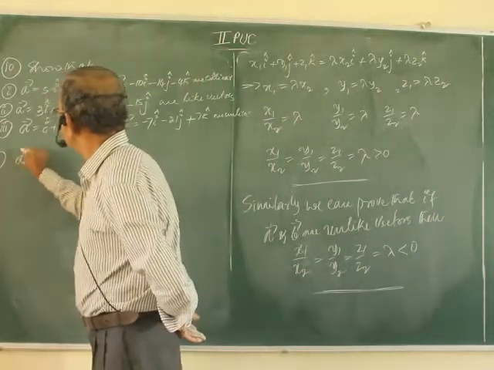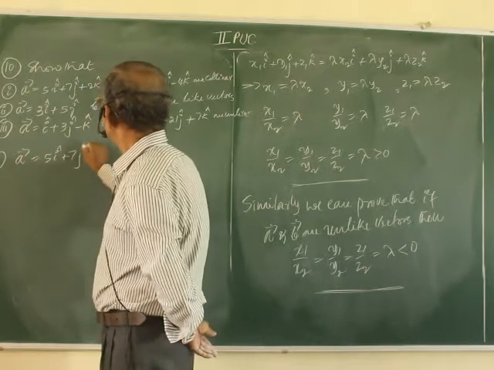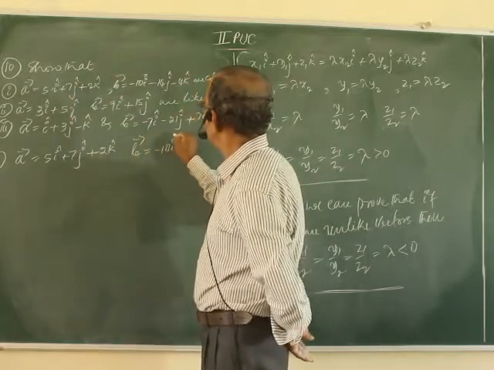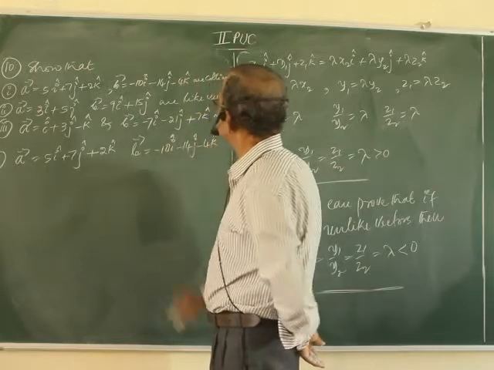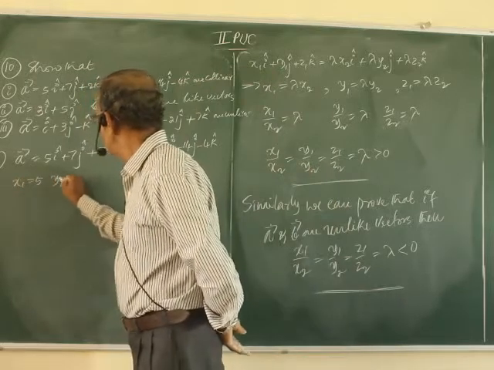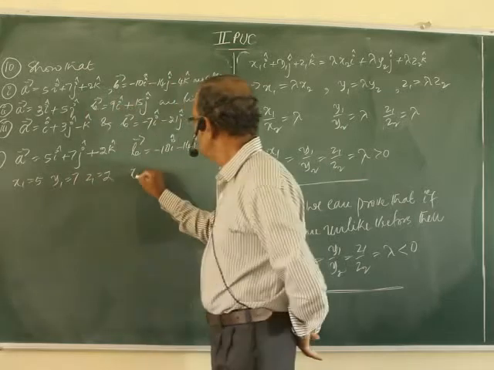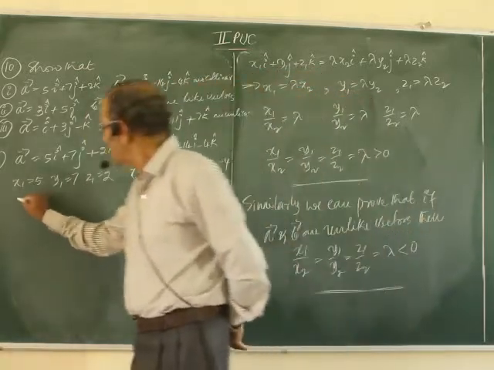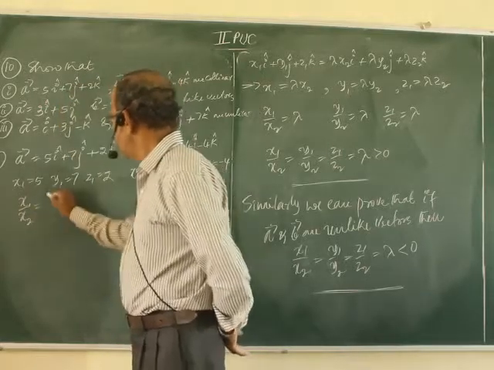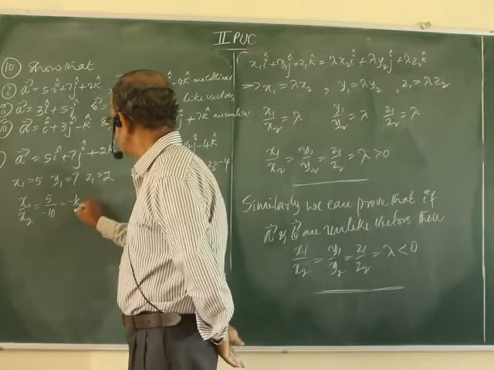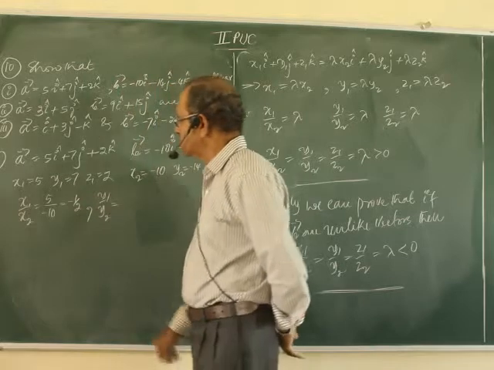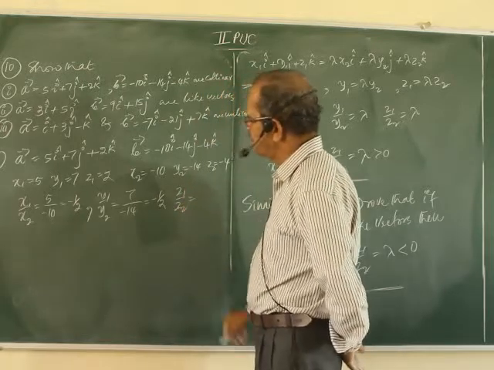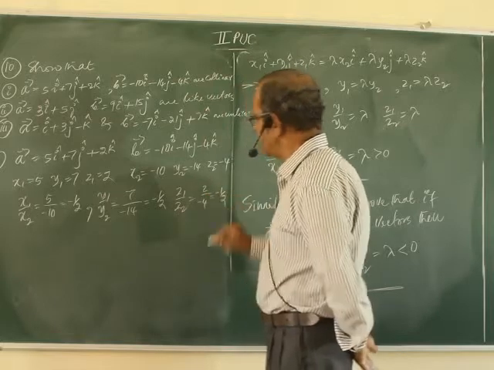Yes, problem number 1. A equal to 5i plus 7j plus 2k, B equal to minus 10i minus 14j minus 4k. x1 is 5, y1 is 7, z1 is 2. x2 is minus 10, y2 is minus 14, z2 is minus 4. x1 by x2: 5 by minus 10, minus half. y1 by y2: 7 by minus 14, minus half. z1 by z2: 2 divided by minus 4, minus half.